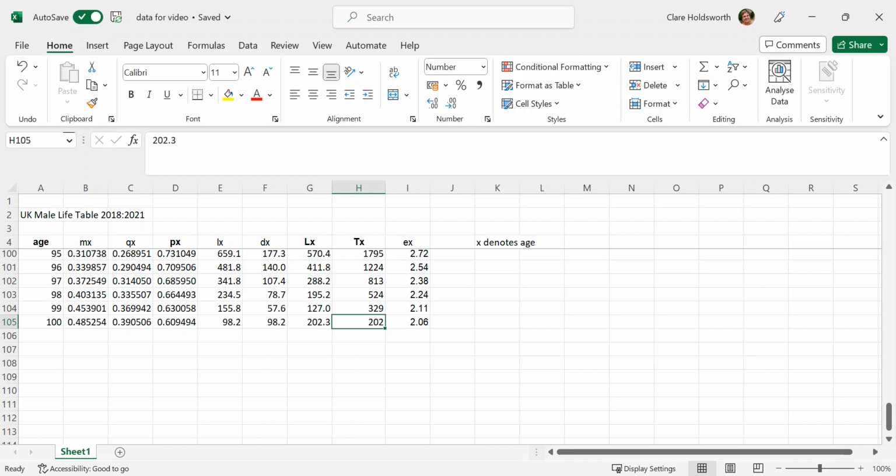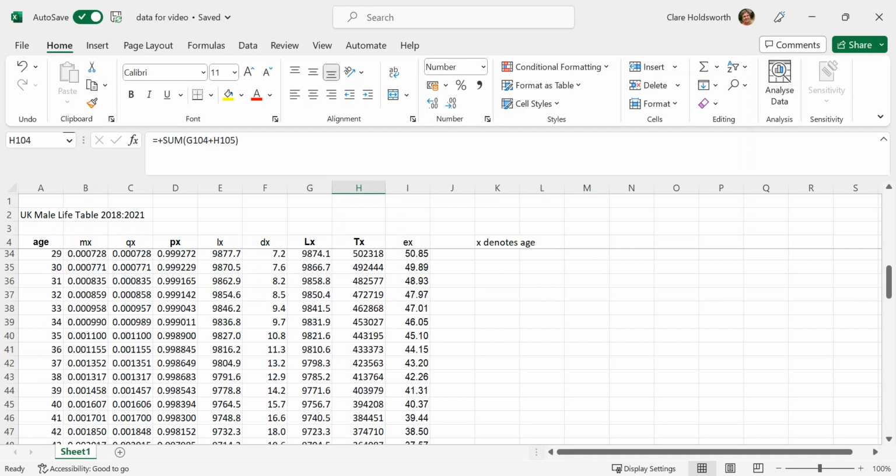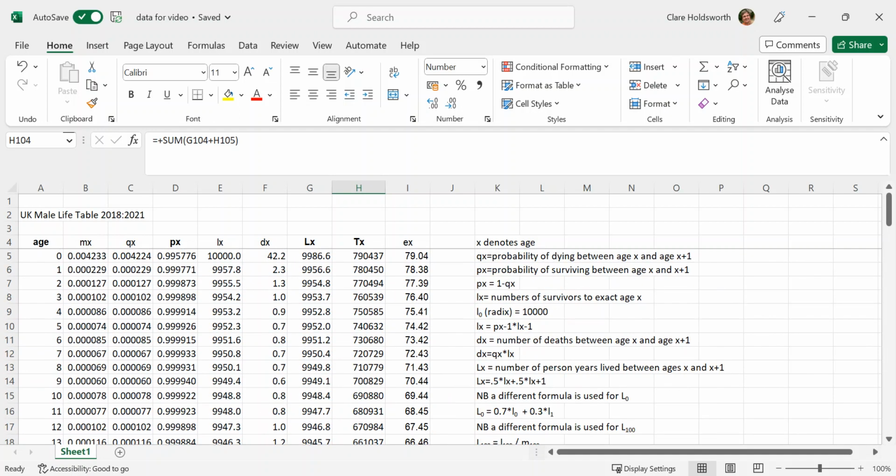And we can calculate the total number of person years lived for each age working back up the life table. So that value of 524 for the total number of person years lived from 98 is the total number of person years lived during the age 98 plus the total number of person years lived from 99 onwards. So we can think of the big TX as a cumulative summing up the life table.